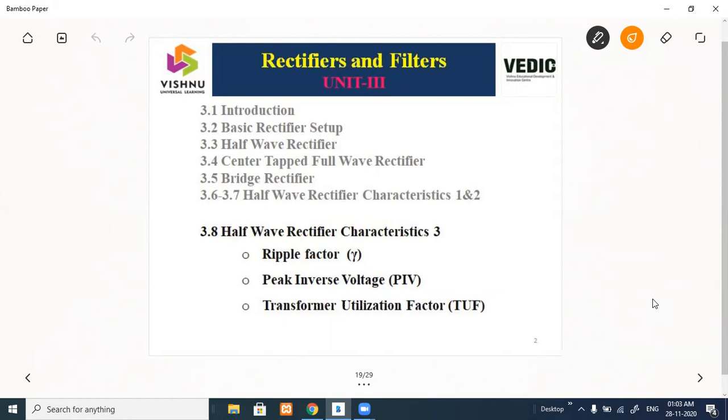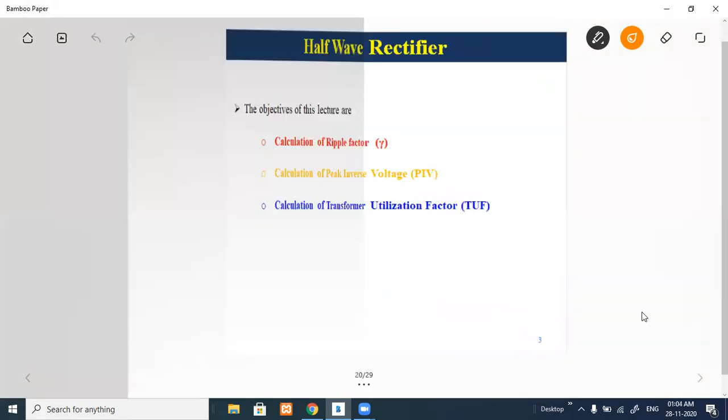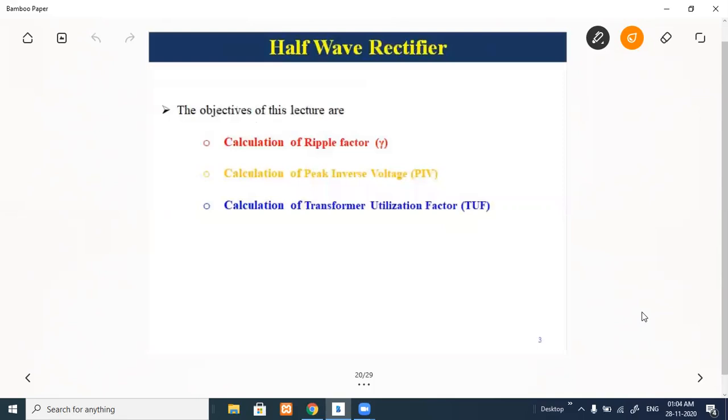In this video, I am trying to derive the expressions for ripple factor gamma, peak inverse voltage PIV, and transformer utilization factor TUF of a rectifier. The objectives of this lecture are calculation of ripple factor, calculation of peak inverse voltage, and calculation of transformer utilization factor of a rectifier.